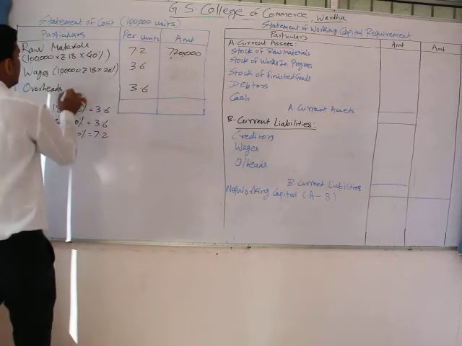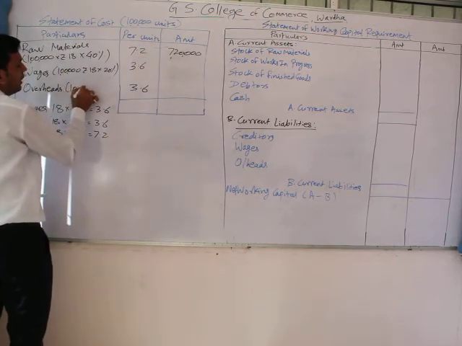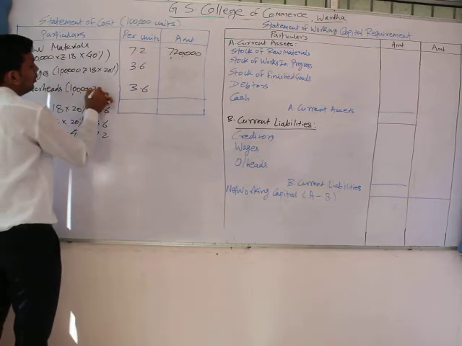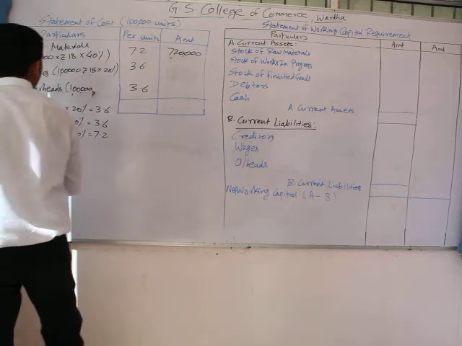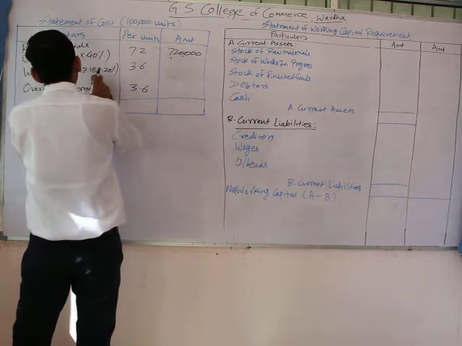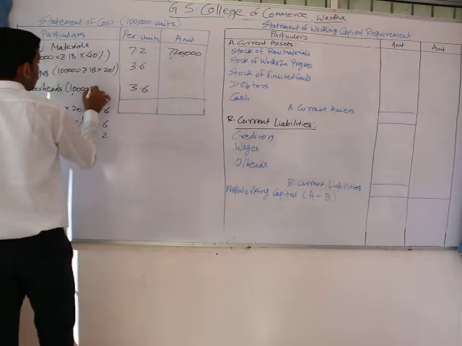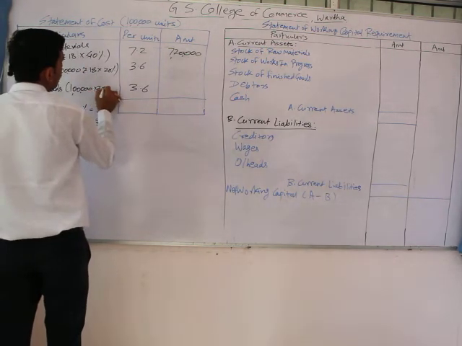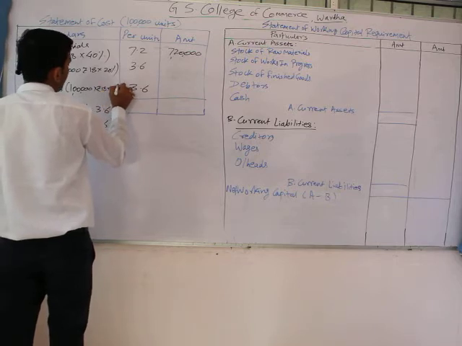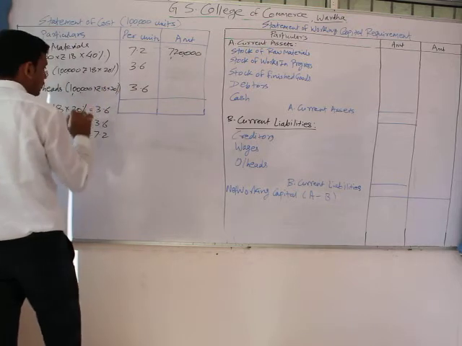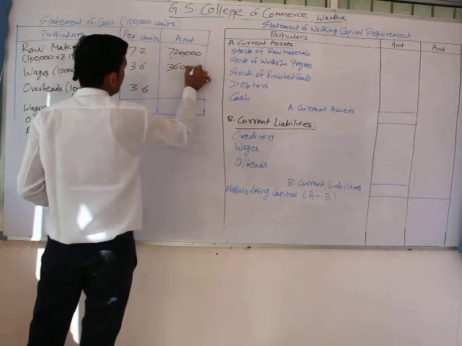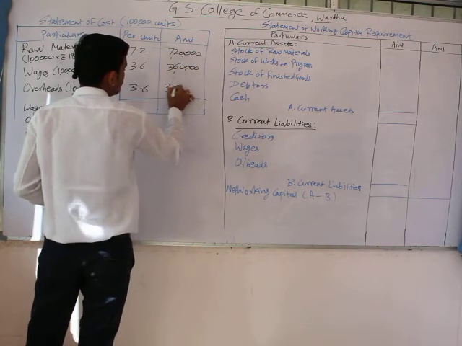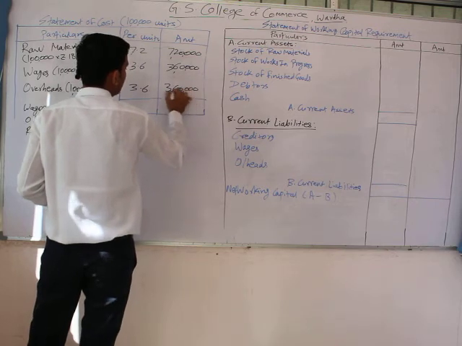We can take it like that, or we can simply do 1 lakh, that is the number of units to be produced, into rupees 18, that is the selling price, into the portion of that particular expense. Therefore this would be 3,60,000 for each, 3,60,000.